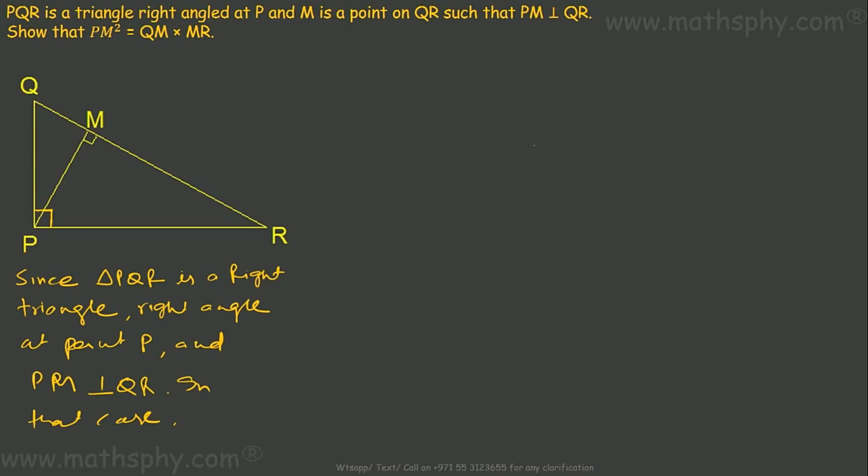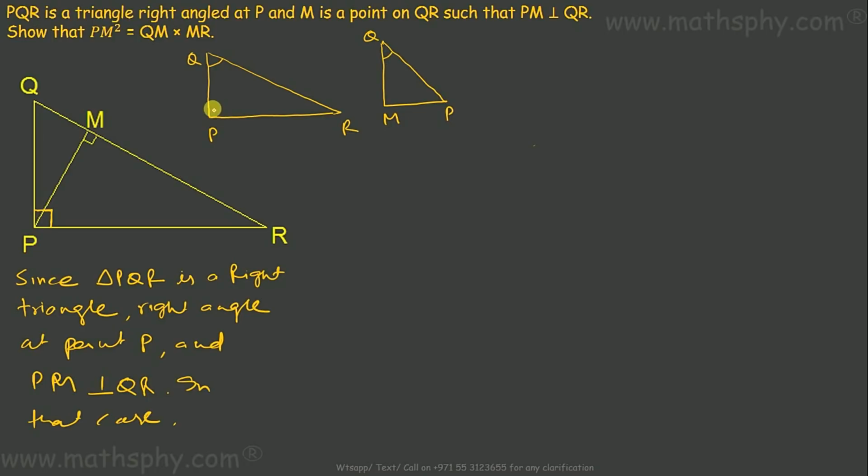Okay, we have three triangles, PQR, this and this. Let's pull all of them apart. This is the big triangle PQR, right angled at P. This is Q. This is R. This little triangle here is right angled at M, and Q and P. Q is common in both.